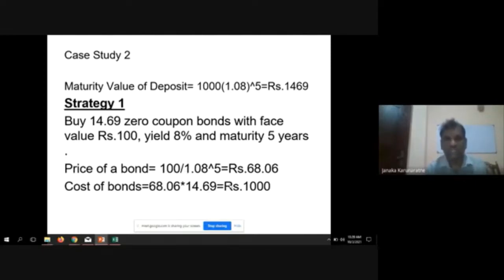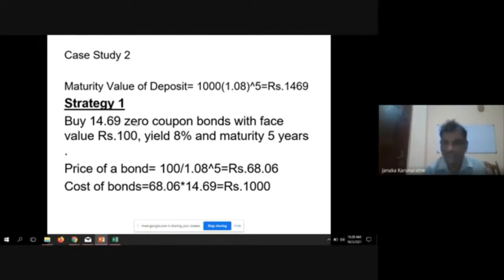If you get 14.69 bonds of face value 100, at the end of the 5 years, that is at the maturity of the deposit where you need 1,469, you will exactly get your money back. So basically your interest rate risk is covered in full.